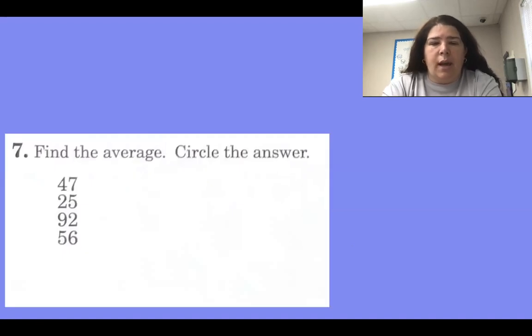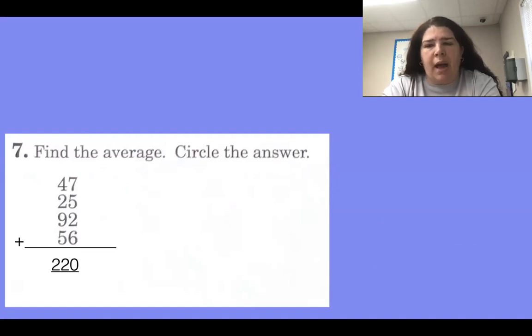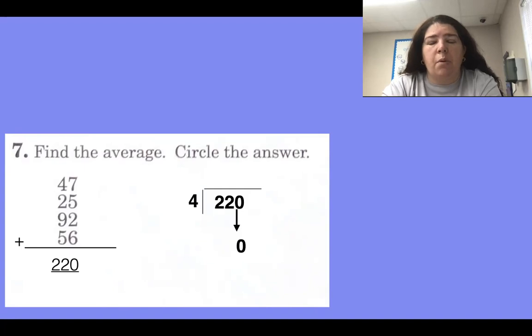I noticed on averaging, you guys were making some mistakes there. To find the average number, you need to add the addends and divide by the number of addends. 1, 2, 3, 4. So we're going to divide by 4. 220 is what we get when we added them together, and 220 divided by 4 equals 55.